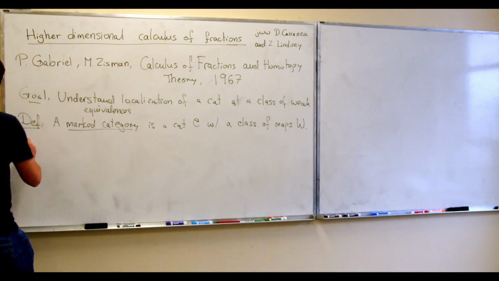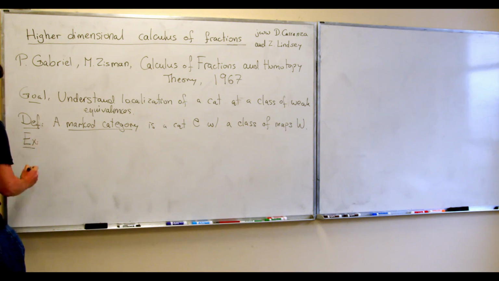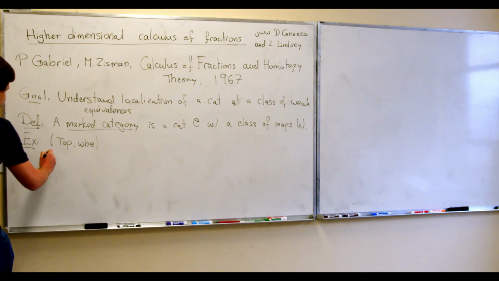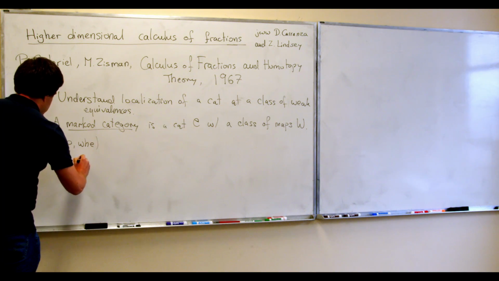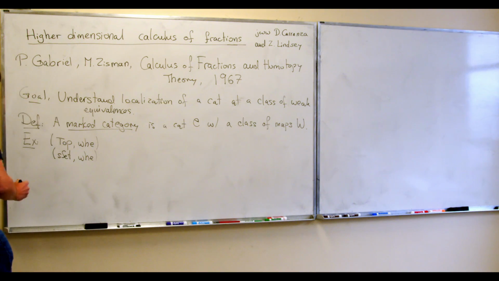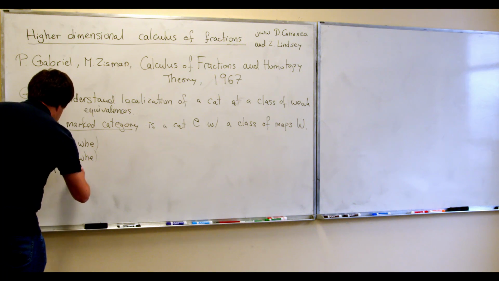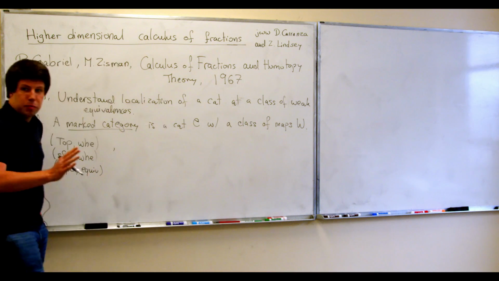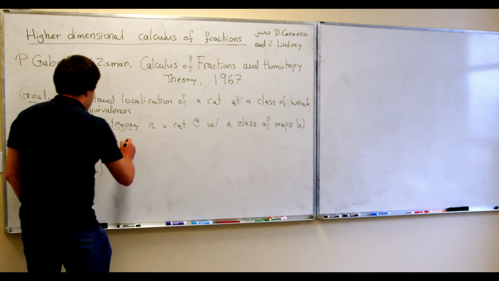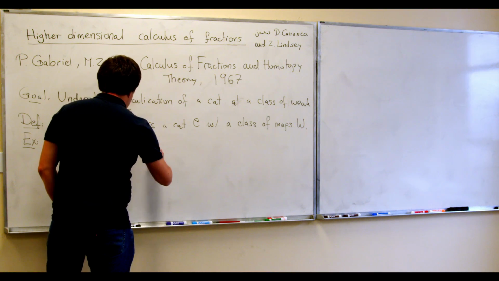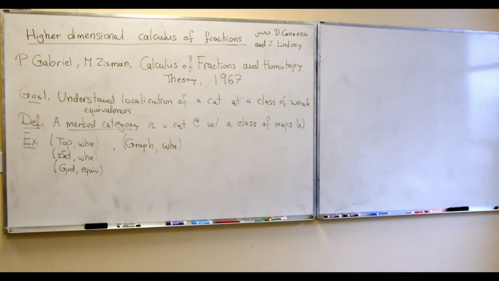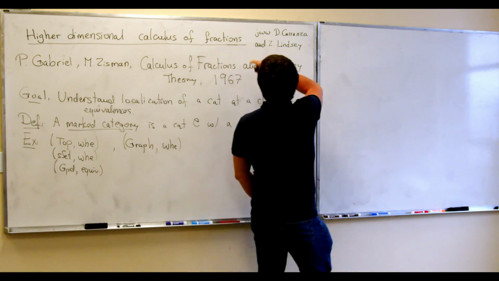A few examples that I want to keep in mind are topological spaces with weak homotopy equivalences, or maybe simplicial sets with weak homotopy equivalences, or maybe just groupoids with equivalences of categories, or, if you happen to be Daniel or Eric, the category of simple graphs with what people consider weak homotopy equivalences. And in fact, this is how this whole enterprise started for me and Daniel.